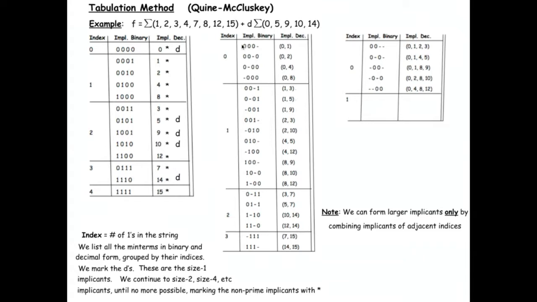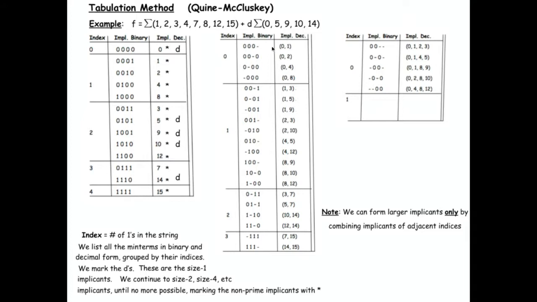So, for example, in our list, we had 0, 1, because 0 is next to 1. And we also had 0, 2, because 0 is next to 2. And we had a bunch of other ones. But we also had 2 and 3 together, because 2 is next to 3.